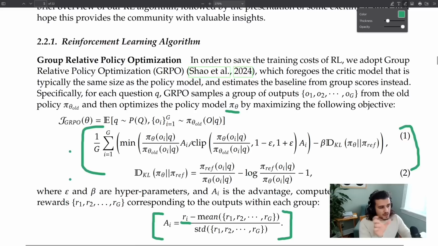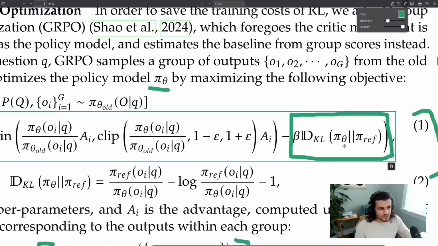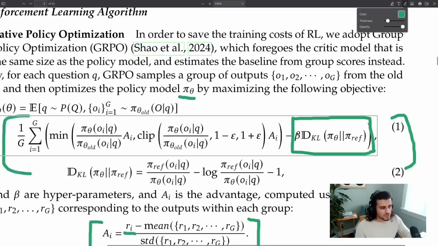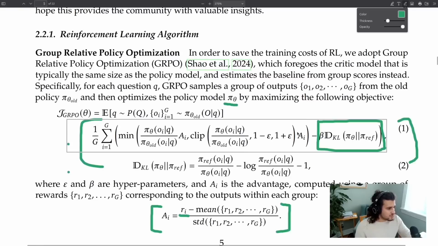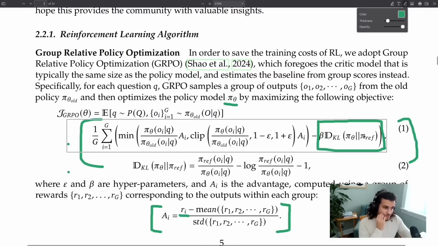The second part that you have over here is the KL divergence. If you look, you have the current model that you're trying to improve, and then a ref model, right? And then you have the parameter beta, which controls how much of the KL divergence you want to take into consideration. The ref model here is a DeepSeek V3 model, in effect.